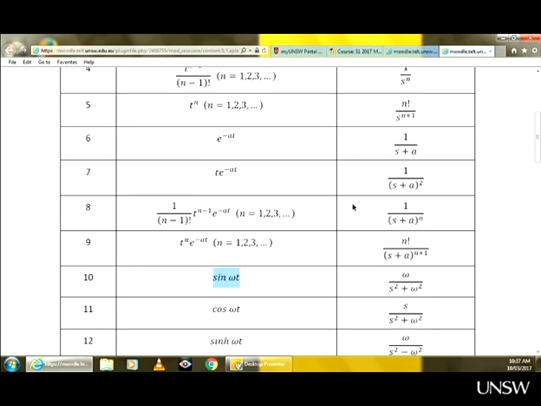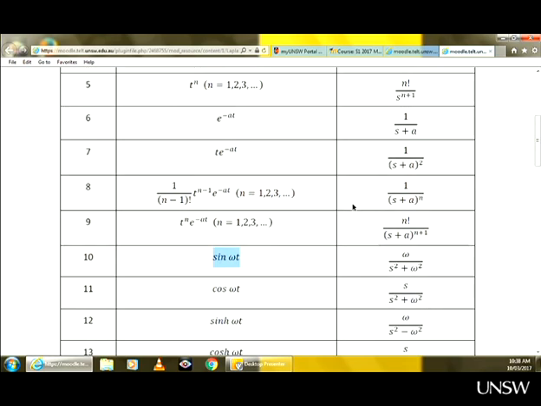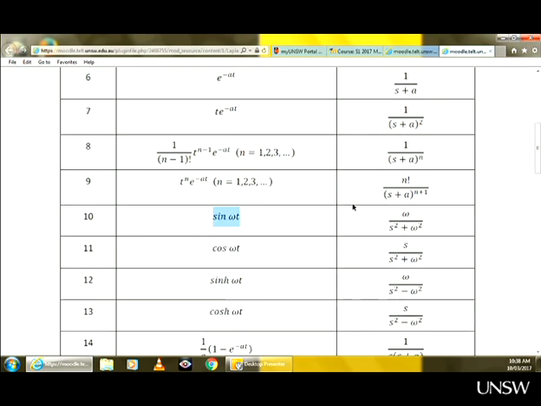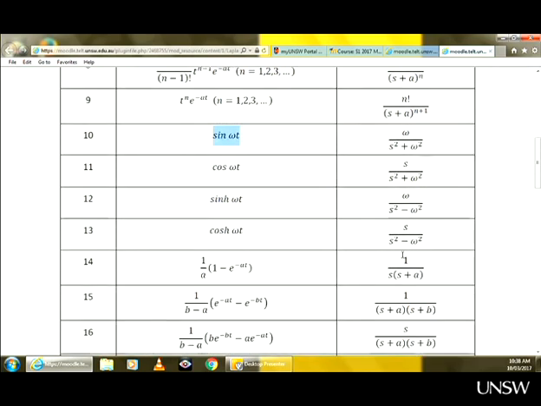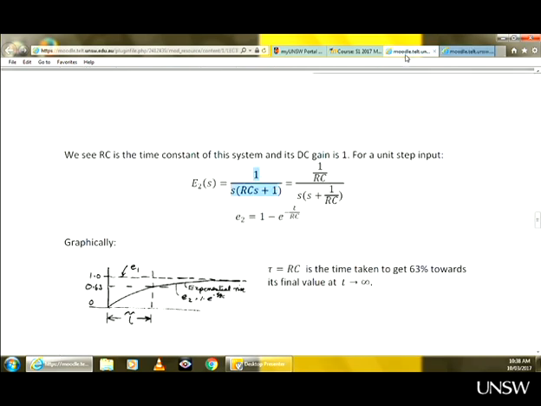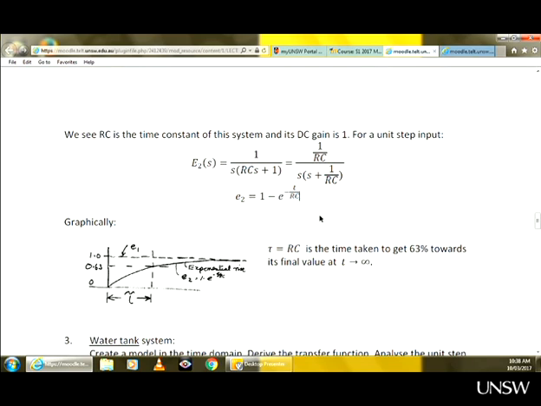Here it is. So case 14: 1 over S(S plus A). And this is what you will have in the time domain. So case 14 will give us that the output voltage will be equal to 1 minus e to the minus t over RC.